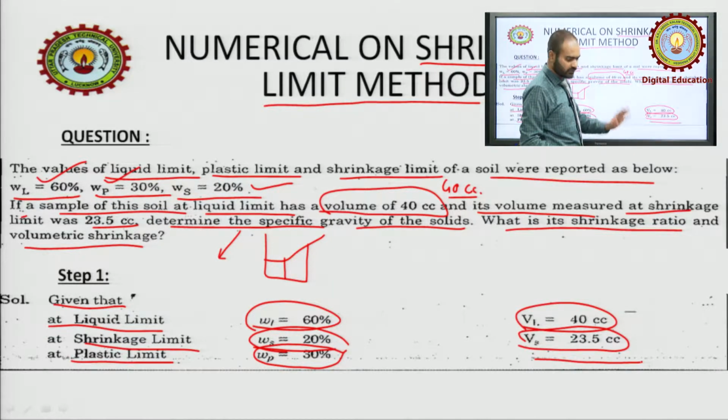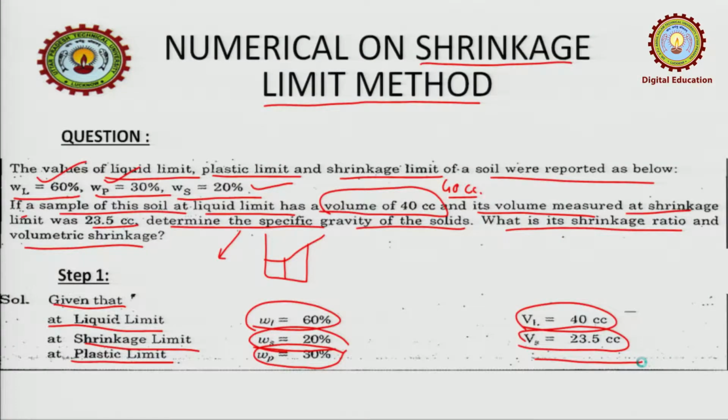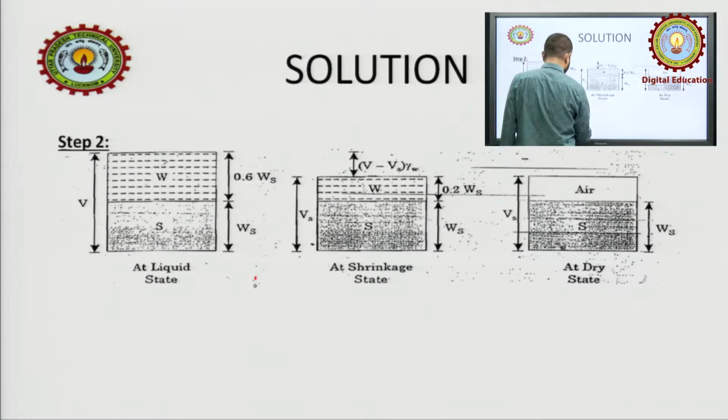Now we will follow a step by step procedure. First of all, let us understand this whole question in a phase diagram. You just now saw that the water content for liquid limit will be 60, again for shrinkage is 20. If you remember, water content was WW upon WS.